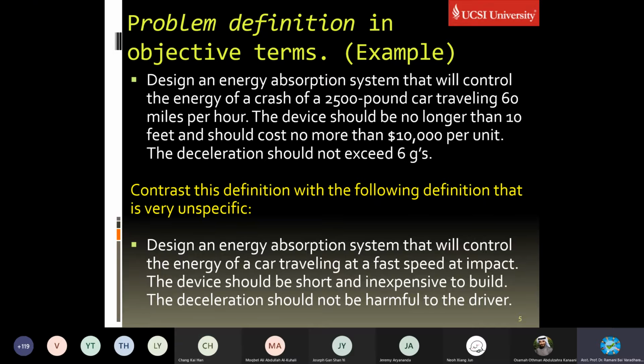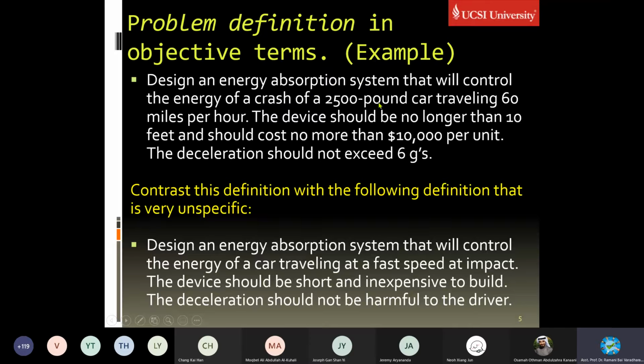Right, very good. See the statement here. Everywhere it is specifically written and measurable. They have already defined it, right? You have to design an energy absorption system in such a way that it can absorb the energy of the crash.